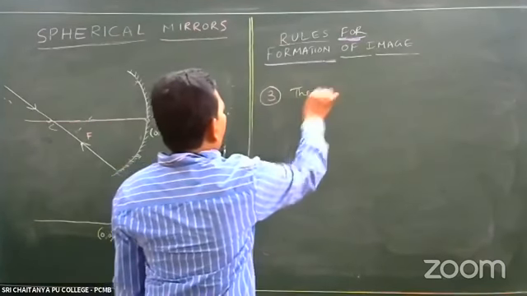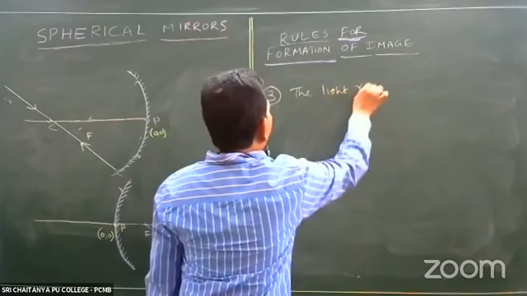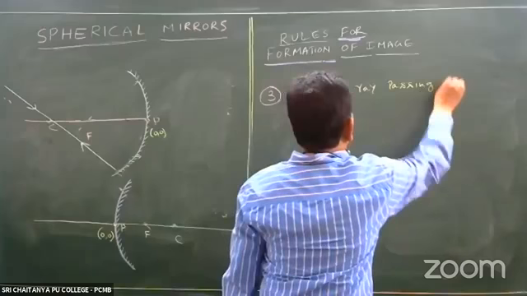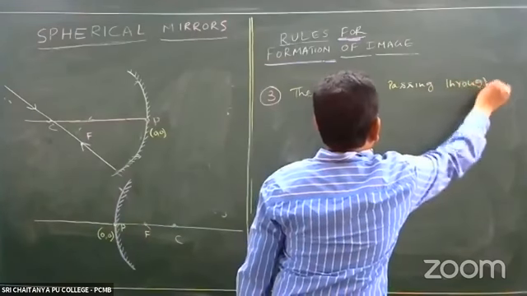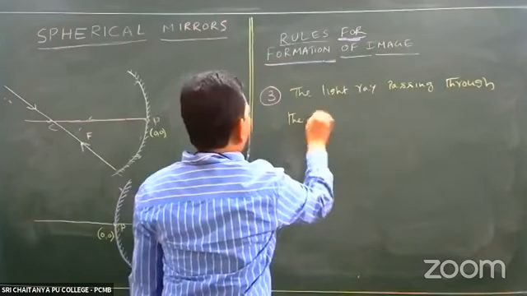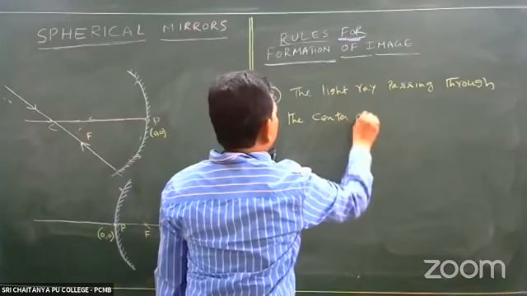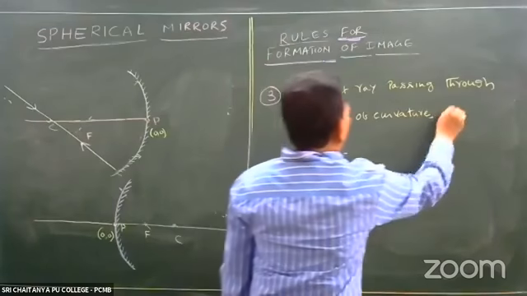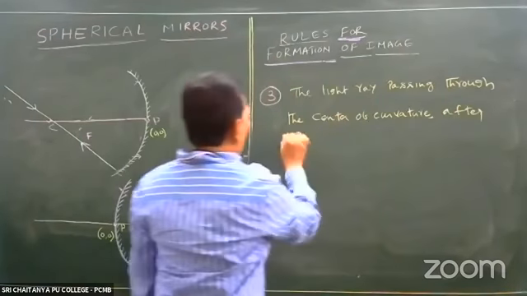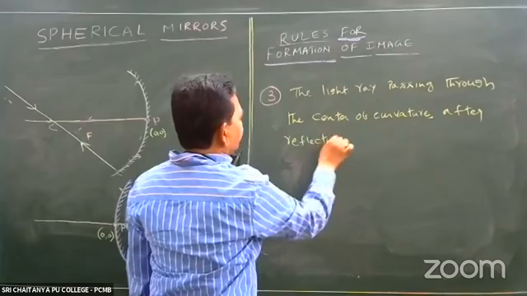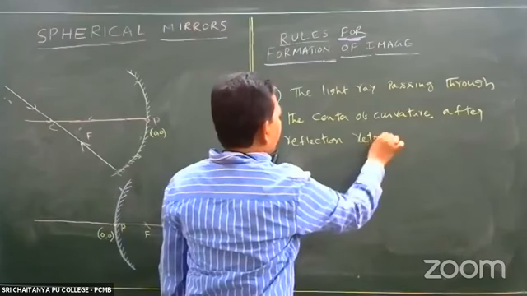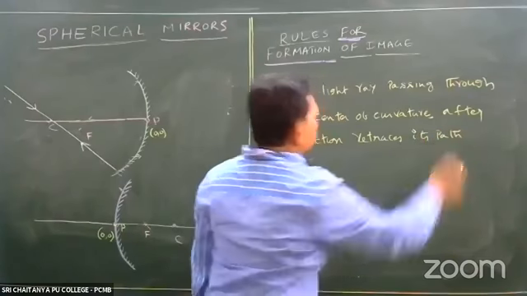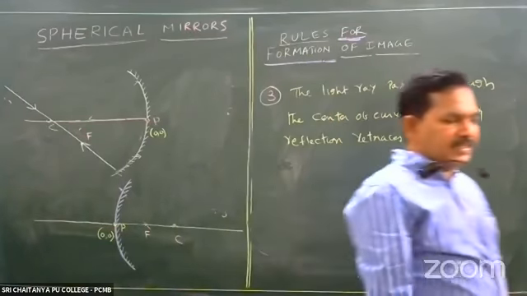The light ray passing through the center of curvature falls on the mirror. After reflection, it retraces its path.